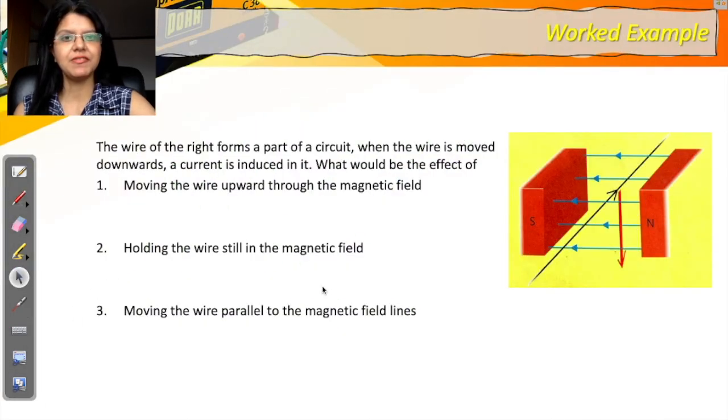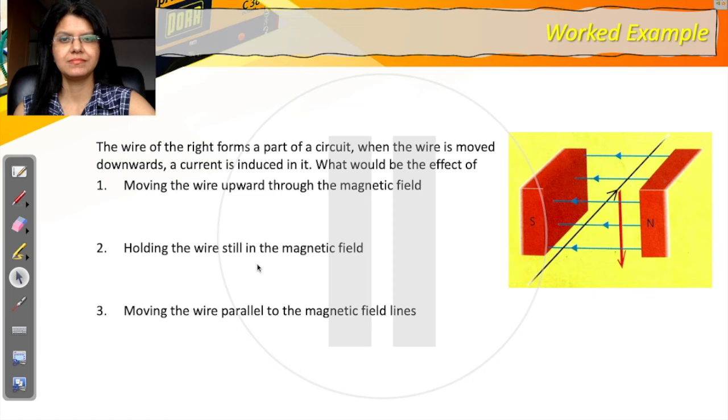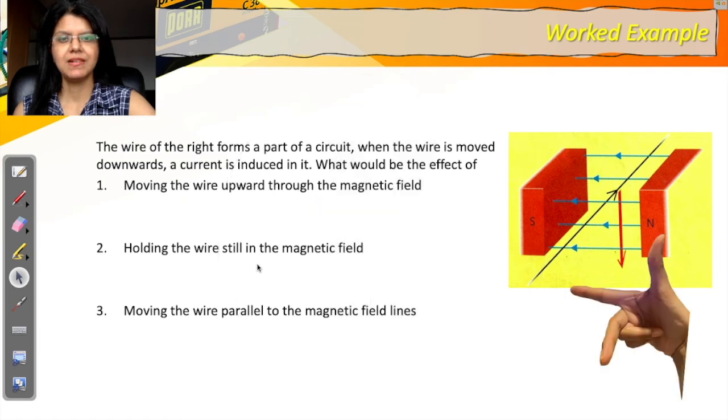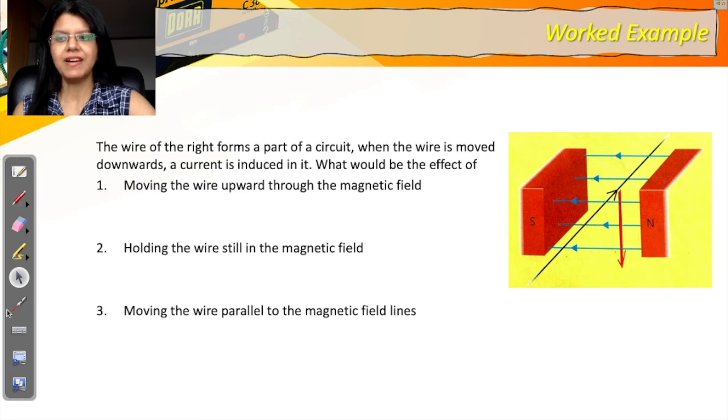Now here we have a worked example. Pause the video for a bit, work it out and come back. Alright, so the wire that you see on the right forms a part of the circuit.